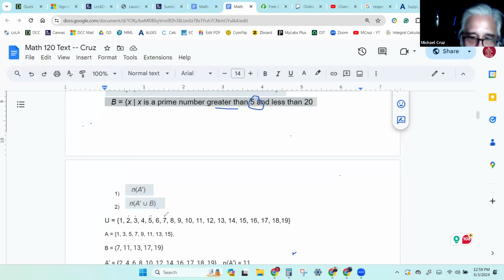I'm putting the dot over the ones that are prime. 6 is divisible by 2, 3, and 6, so no. But 7 is only divisible by 1 and itself. 8's got 2, 4, and 1. 9's divisible by 3. 11 is the next one. It goes rather quickly. 13 would be the last one. So these are the ones, and I've got them marked down. I just wanted to show you that I'm picking them out.